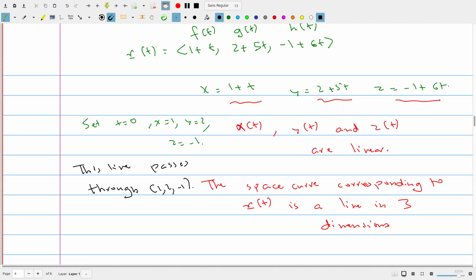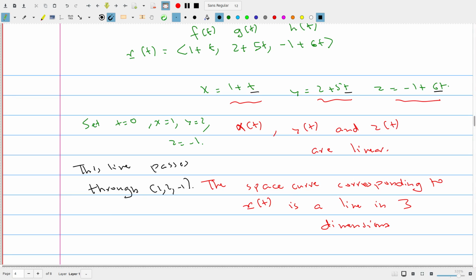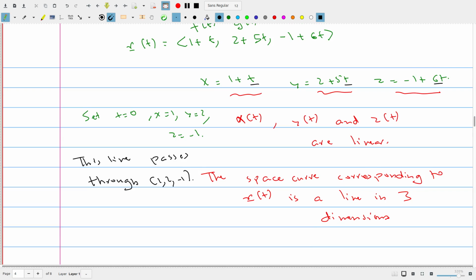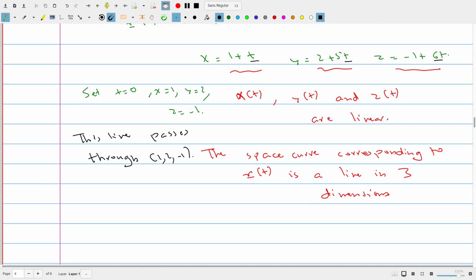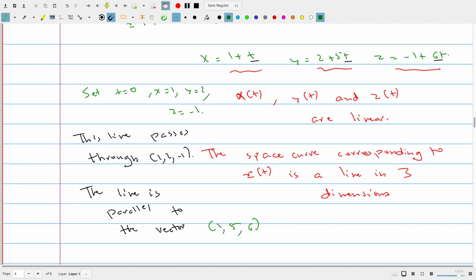And we also know, by looking at the coefficients of t, that the line is parallel to the vector 1, 5, 6.